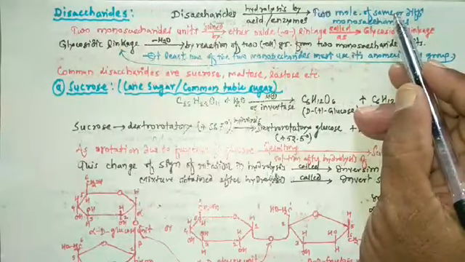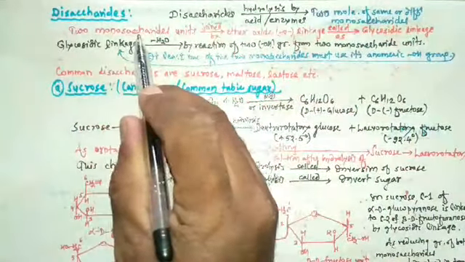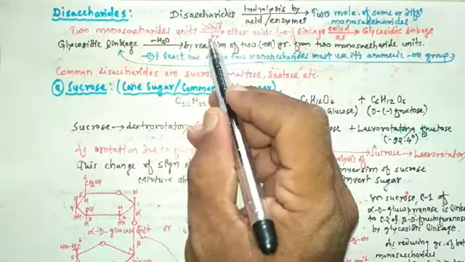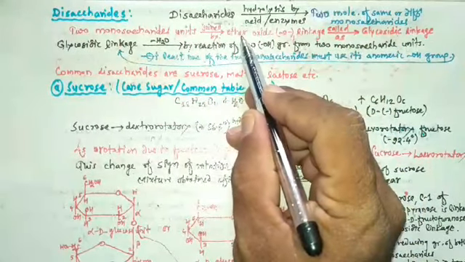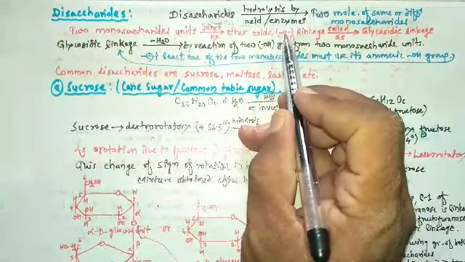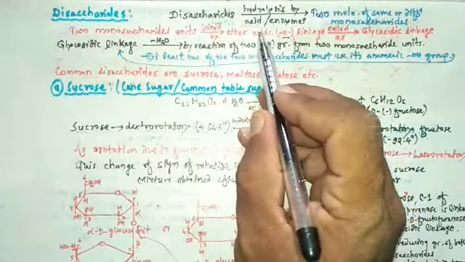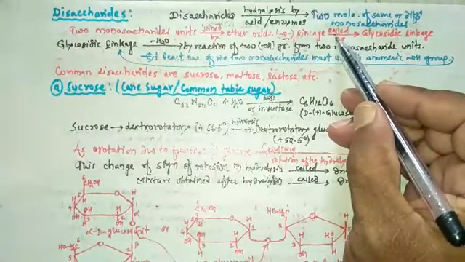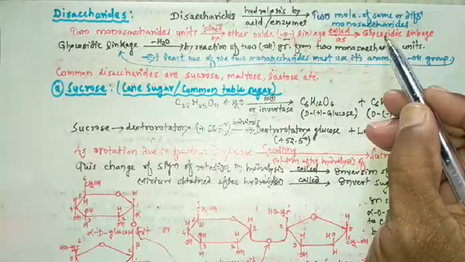So two same or different monosaccharide units are joined by a linkage, and that linkage is an ether oxide linkage. That is this linkage, the ether oxide linkage, and such a linkage is called a glycosidic linkage.